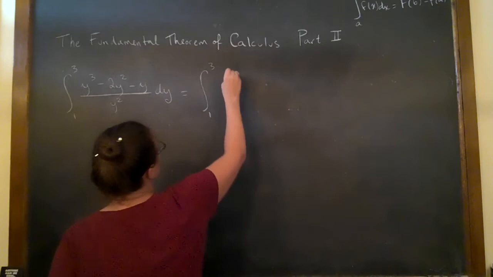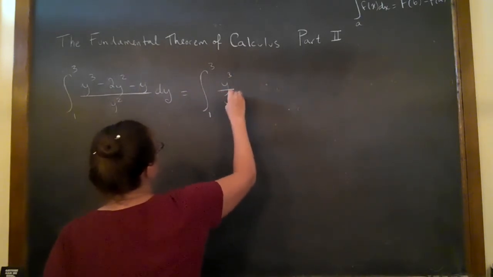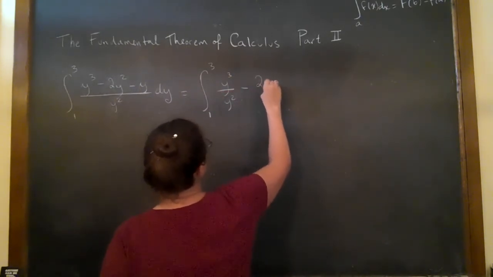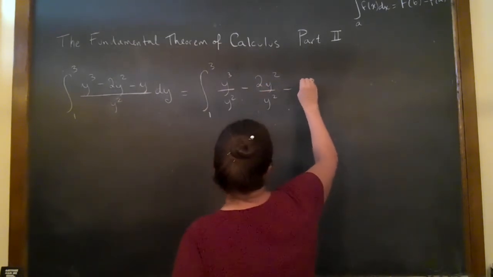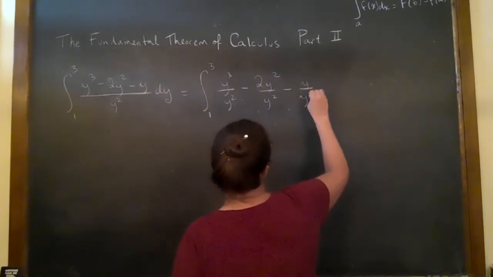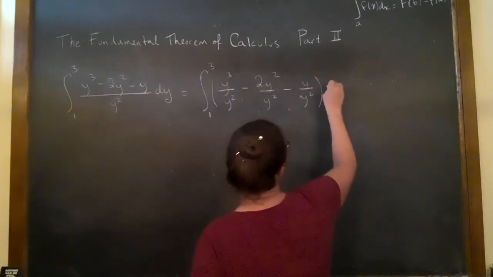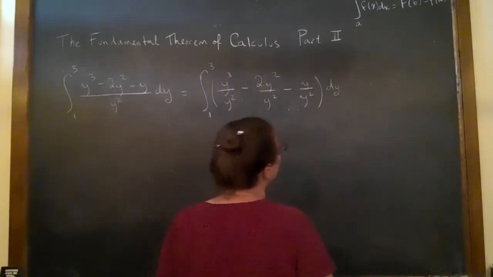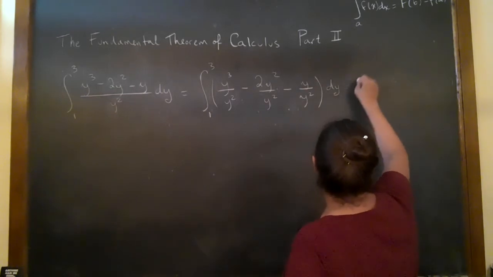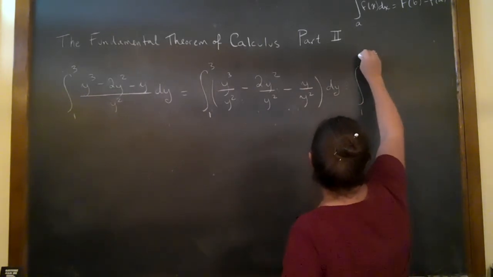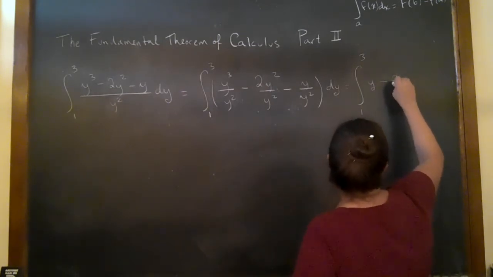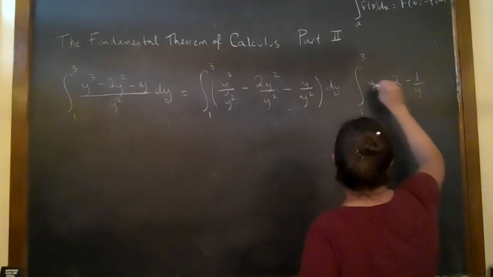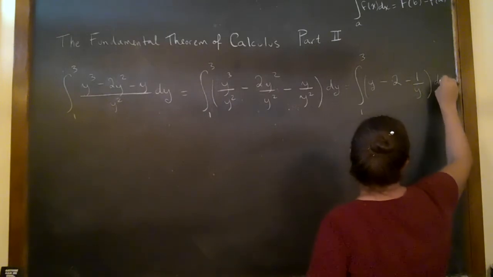Do just a little bit of algebra to make it into a form that we like. And by that, I mean that looks like something on the chart that we can then use, because then I have y minus 2 minus 1 over y, so pretty straightforward.